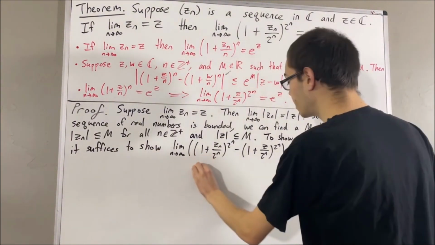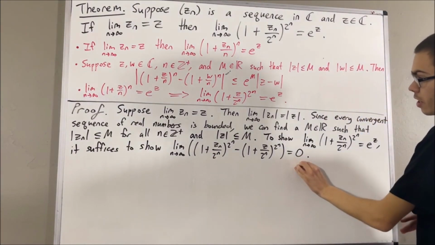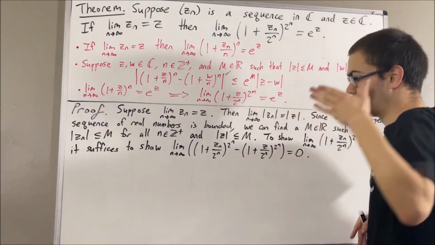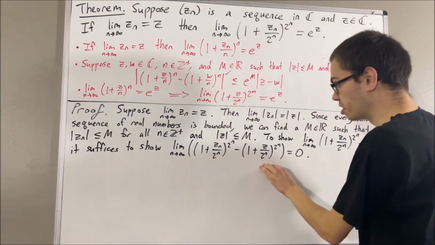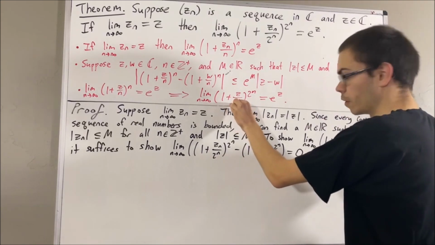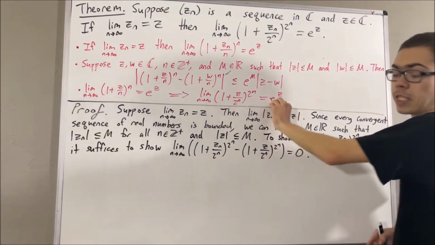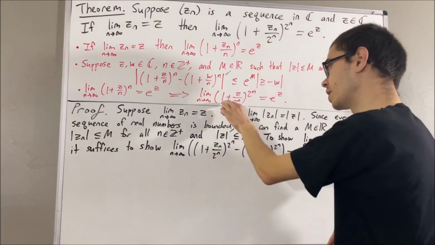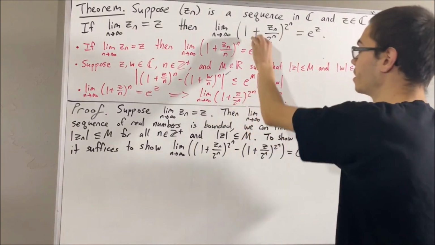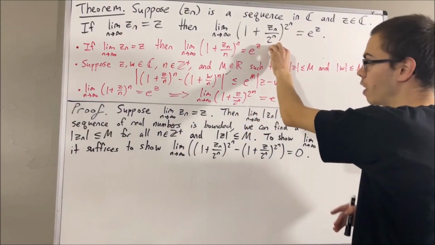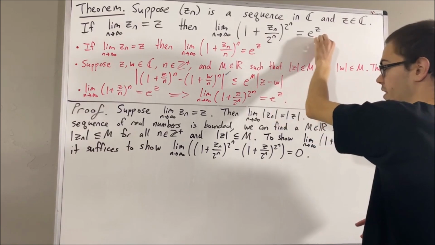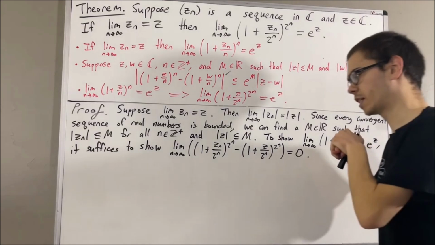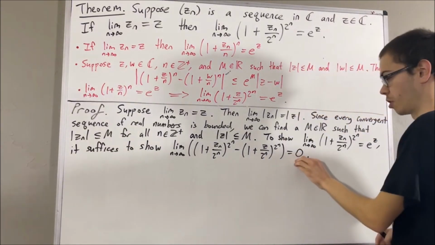Well, since this sequence converges to 0, and this sequence converges to e^Z, it will follow by the addition rule for limits that this sequence plus this sequence converges to 0 + e^Z, which is equal to e^Z. But this sequence plus this sequence is precisely this sequence. So we will have shown that this sequence converges to e^Z, and we will be done. So yeah, that's why it's sufficient to show that this sequence converges to 0.